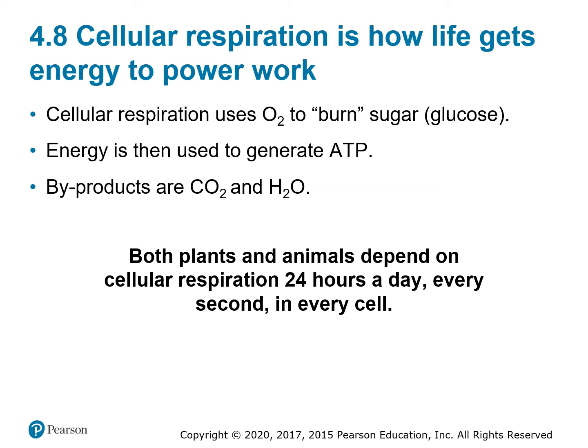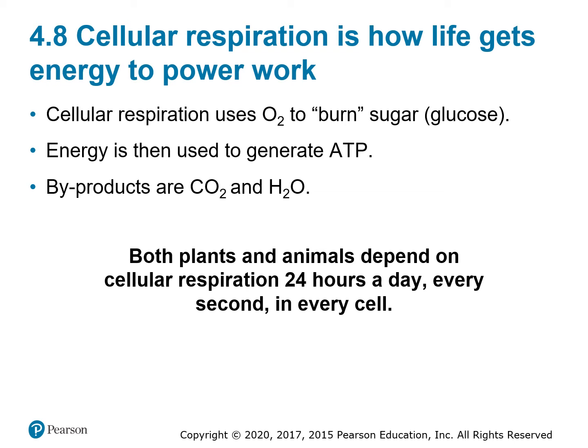Cellular respiration is how life gets energy to power work. The purpose of cellular respiration is to make ATP. It does this in a way where oxygen is used to accept electrons from glucose. And the byproducts of cellular respiration are carbon dioxide and water.